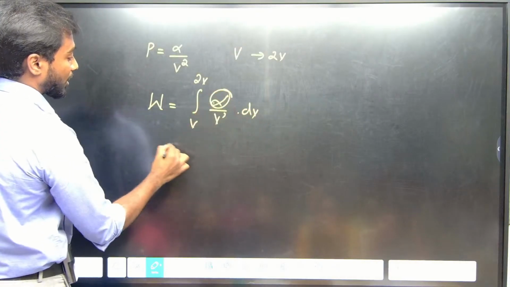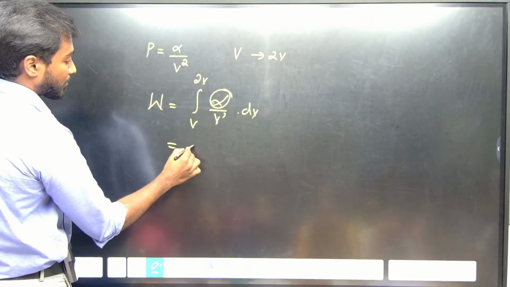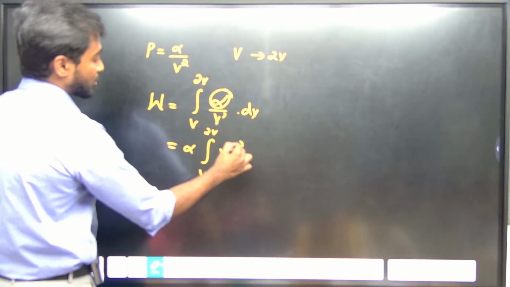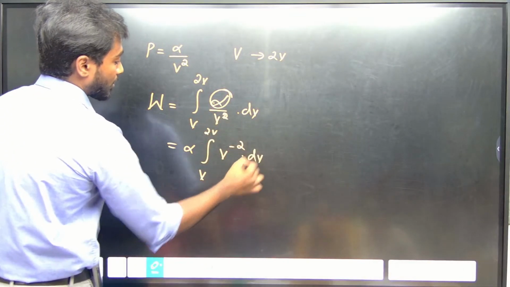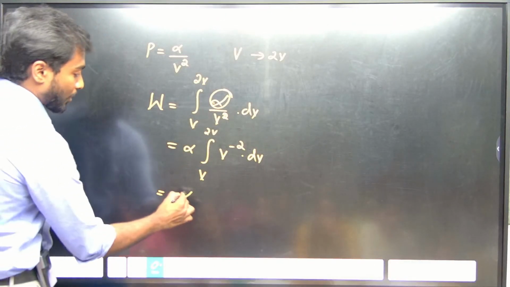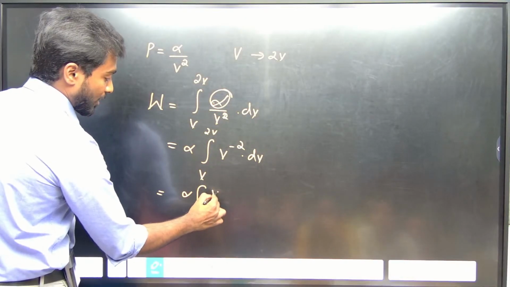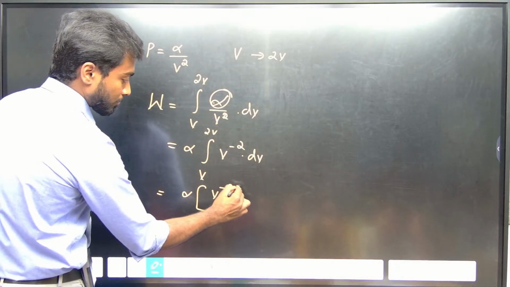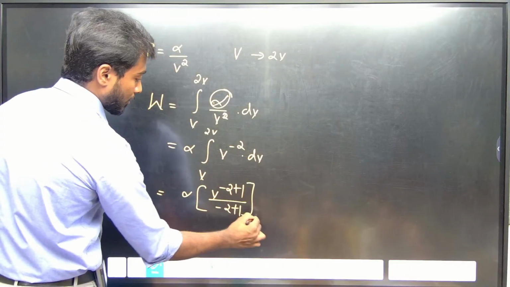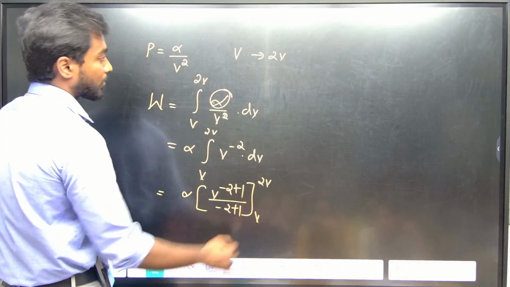Alpha is constant, I can take it out. So alpha integral from V to 2V of V power minus 2 dV. So integration of this, what will I get? Alpha into V power minus 2 plus 1 by minus 2 plus 1, from V to 2V.